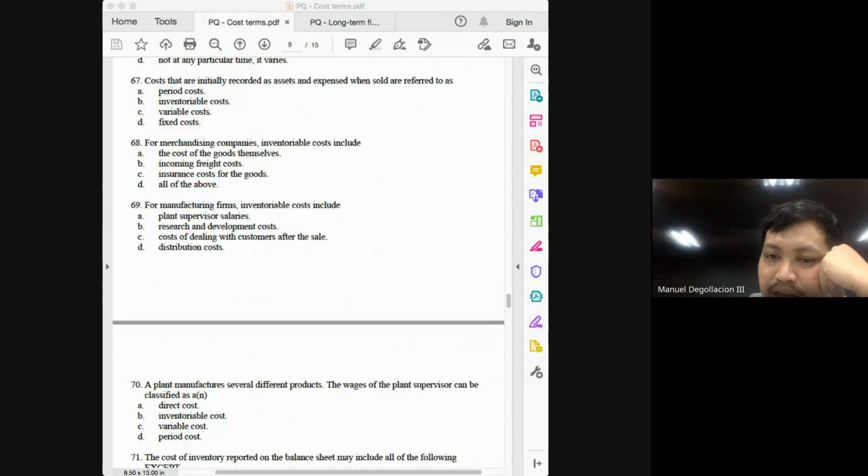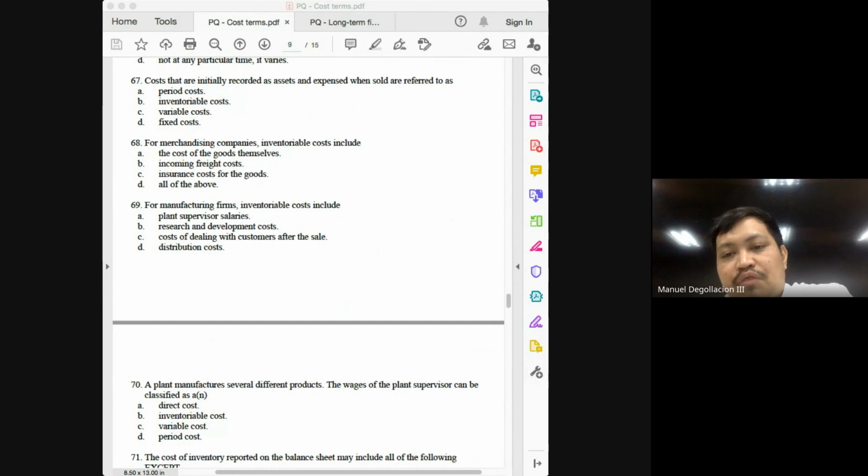68, for merchandising companies, inventoriable costs include, the answer here would be all of the above. 68, delta. For manufacturing firms, inventoriable costs include, inventoriable meaning it will be part of the cost of the inventory.